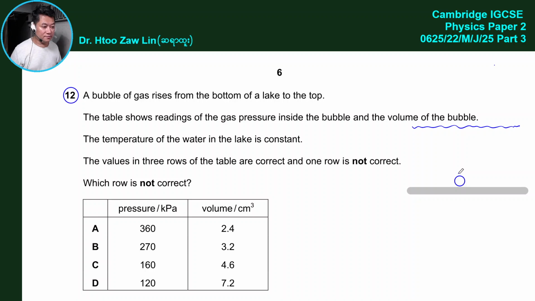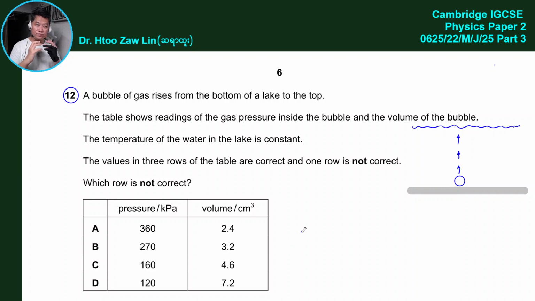This bubble rises up to the top. The table shows the pressures and volume of the gas in the bubble at various positions. But 1 row is not correct, 3 rows are correct. So how do we choose the incorrect row?